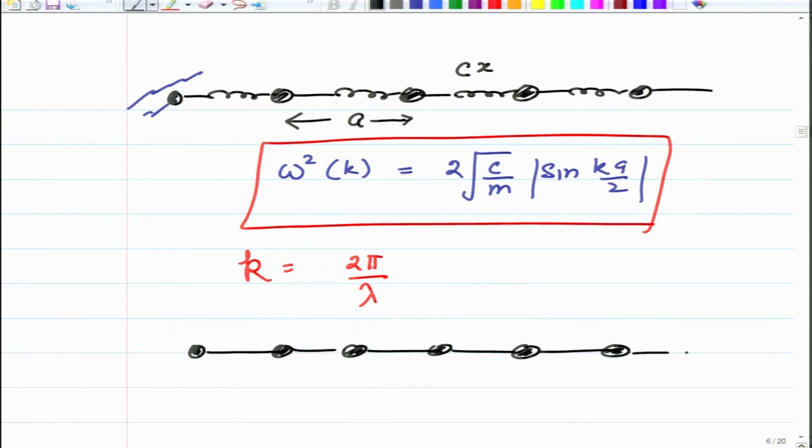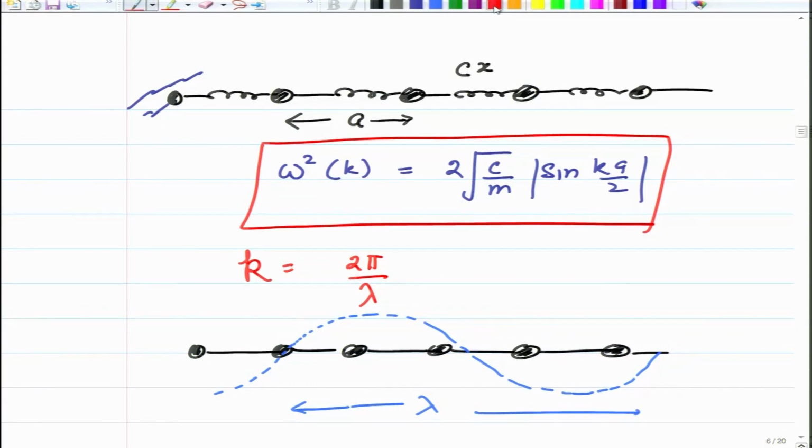If I give something a displacement, and the displacement is such that it has a wavelength lambda, that means the displacement would go something like this, this distance being lambda.